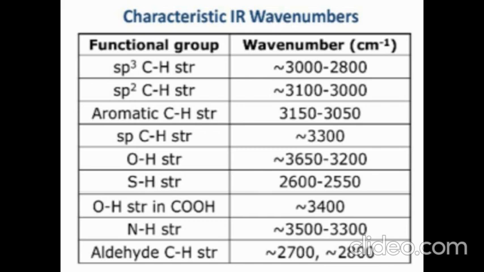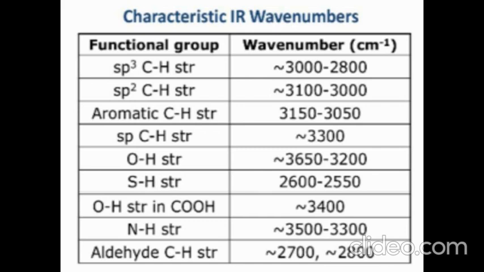Now in this we have to consider carbon sp3 hybridized, carbon sp2 hybridized, and carbon sp hybridized. Based on Hooke's law, which we have discussed previously, the carbon hydrogen bond with sp3 hybridized carbon will have the lowest frequency or wave number, and if the carbon is sp hybridized, it will have the highest wave number.